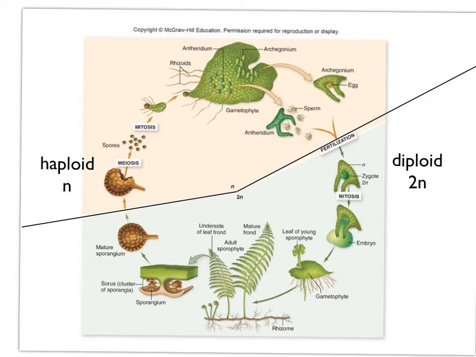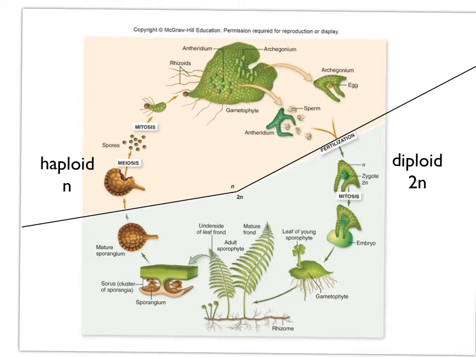This is where we left off on Friday, in my Friday class. We went through the generalized life cycle of plants. Now, the bryophytes, non-vascular plants, for the most part have a dominant gametophyte life cycle, where the main thing that you see when you see one of these, like a moss or something, is the gametophyte stage.